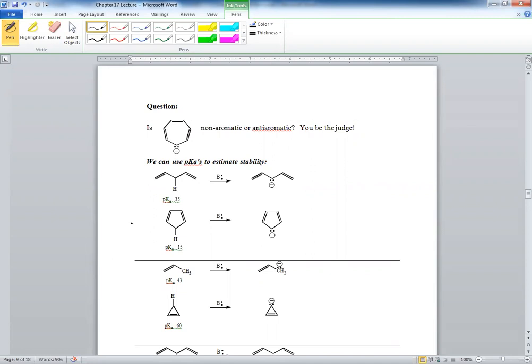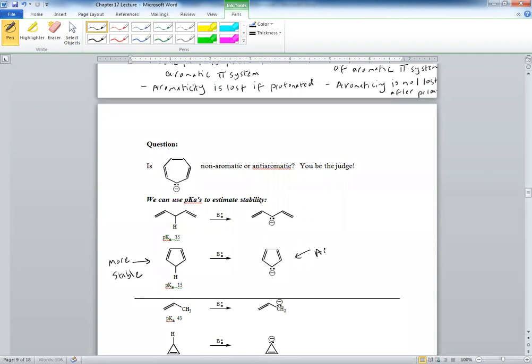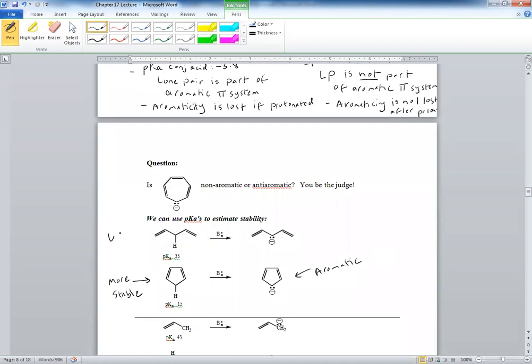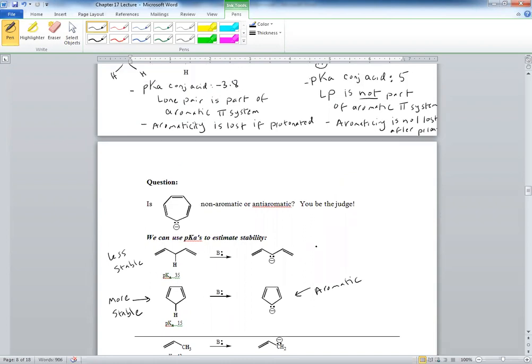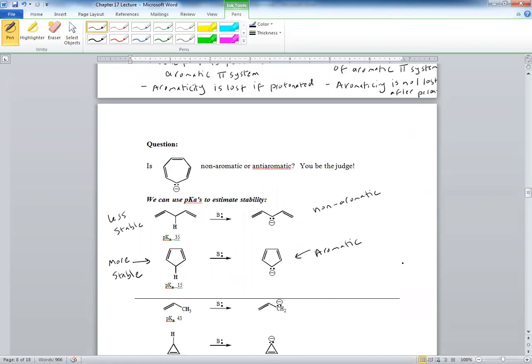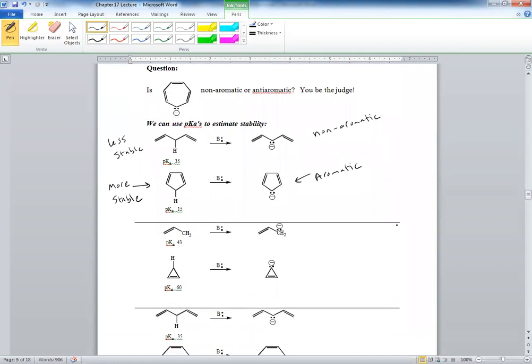So therefore, this would be more stable because this is aromatic and this is less stable because this is non-aromatic. And so on and so forth. So you might want to think about this. Well, what is this outcome?